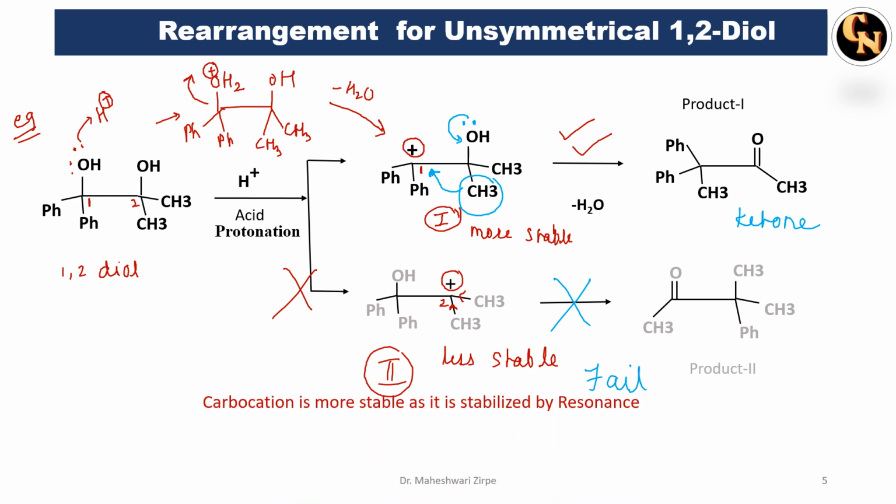The carbocation in structure 1 is more stable as it is stabilized by resonance. There are two phenyl groups.